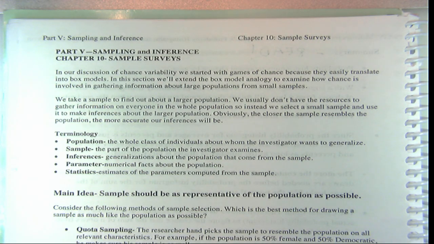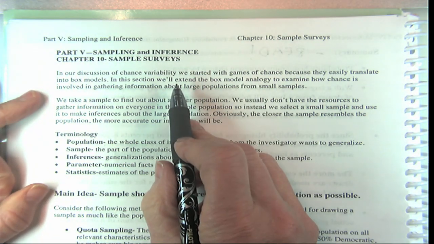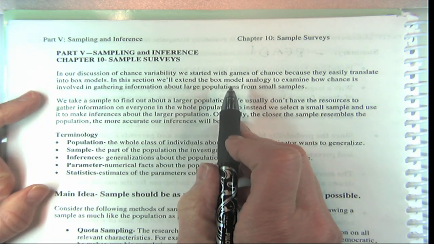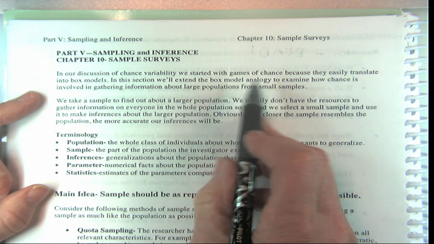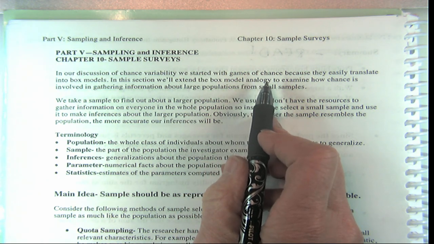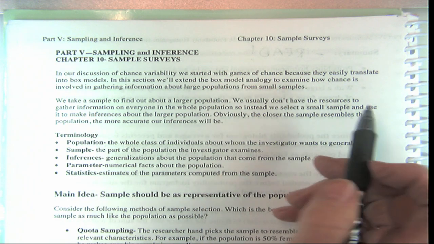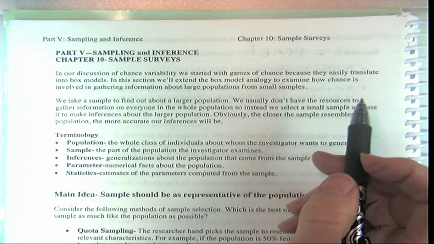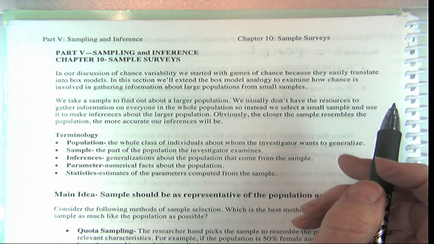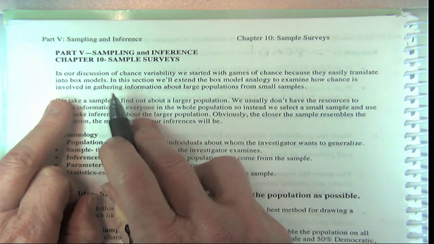So, now, what have we been doing so far? We've been looking at standard errors and expected values for games of chance, or situations where we know the box. We know what's inside the box, all right? And they translate very easily into box models.